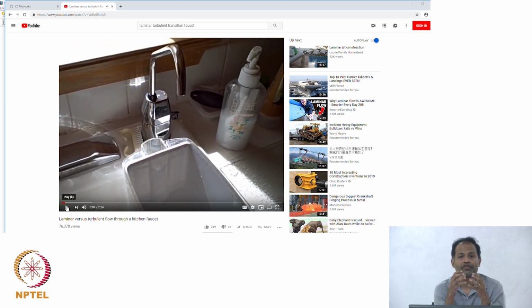This is fluid flow coming from a pipe, and you must have seen this, right? When you open it very lightly, you have a very thin stream coming, and that will look very clean and neat if the water is clean. But if you start increasing, then you will see that it becomes hazy. That's nothing but laminar to turbulent flow transition.